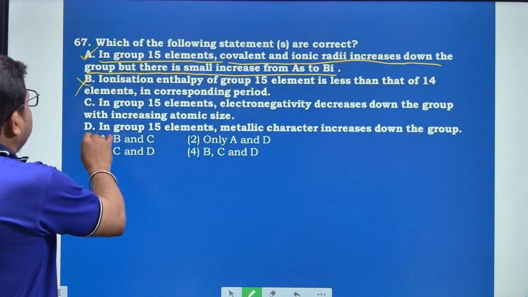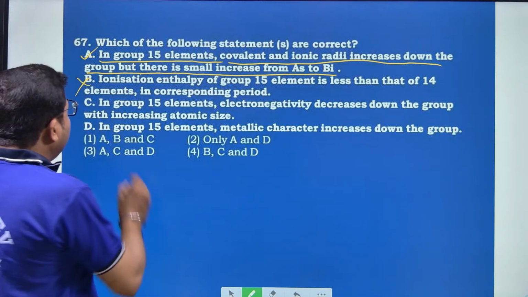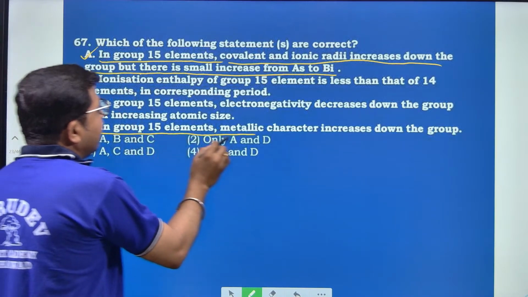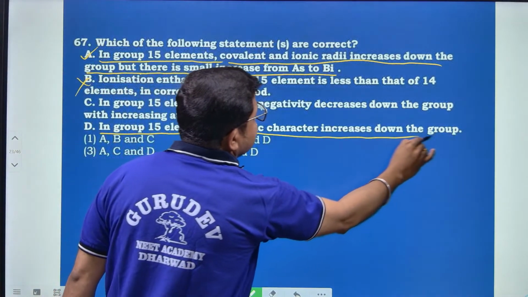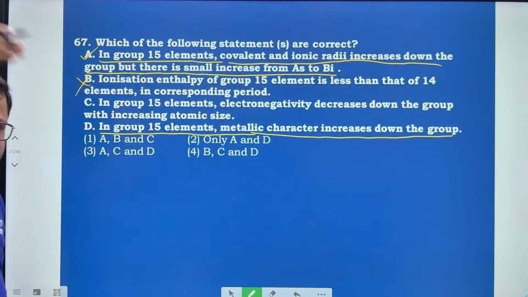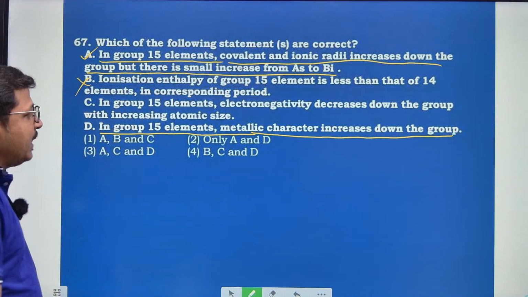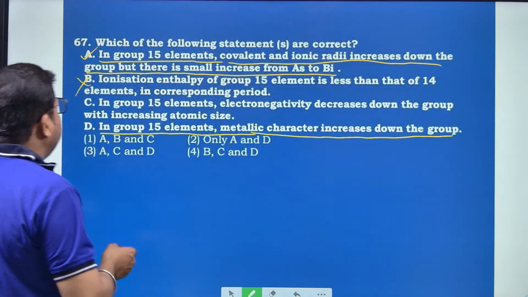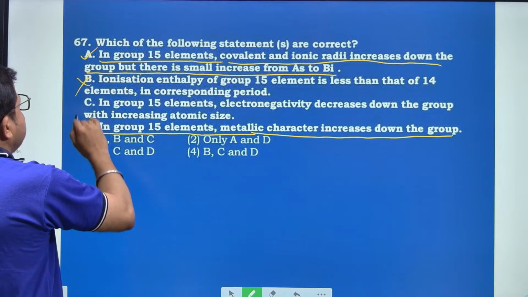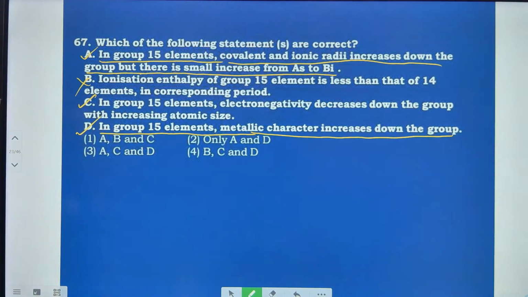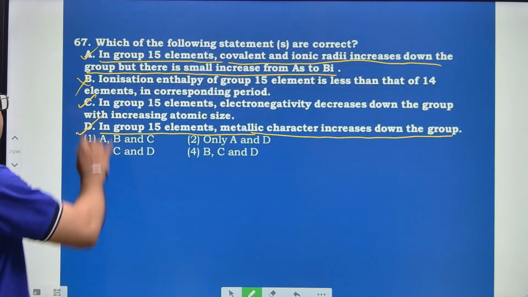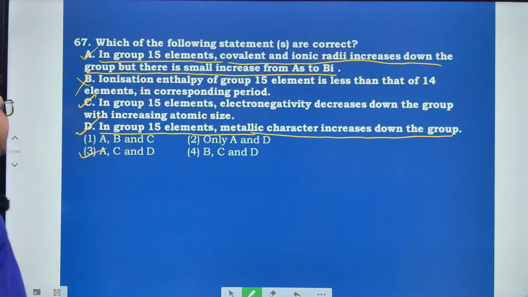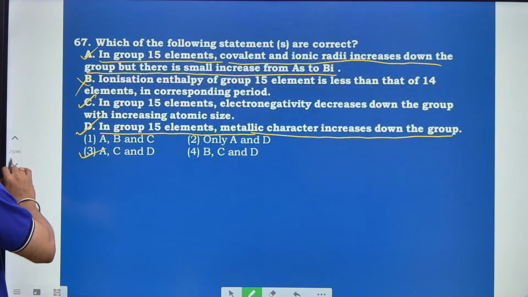Next, statement D: in group 15 elements, metallic character increases down the group. The metallic character of the elements increases down the group. Hence, statements A, C and D follow the rule and statement B is wrong. Hence, the right option is 3. A, C, D are right statements.